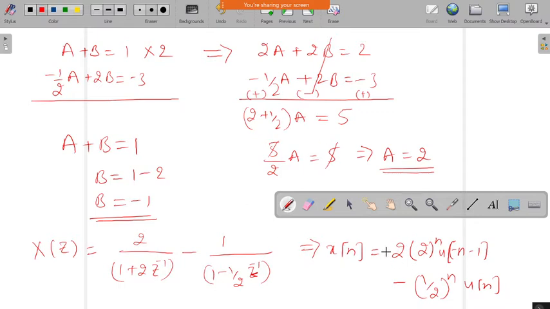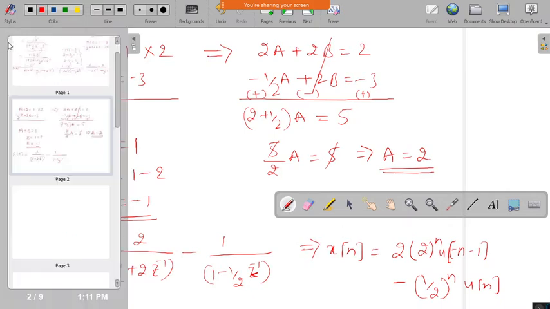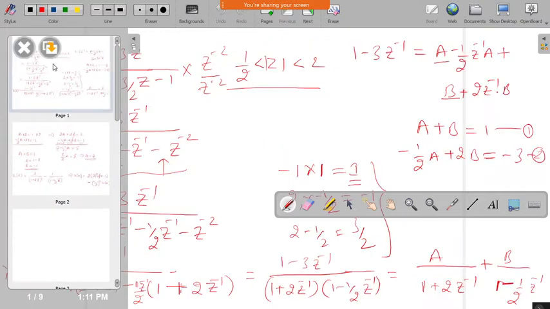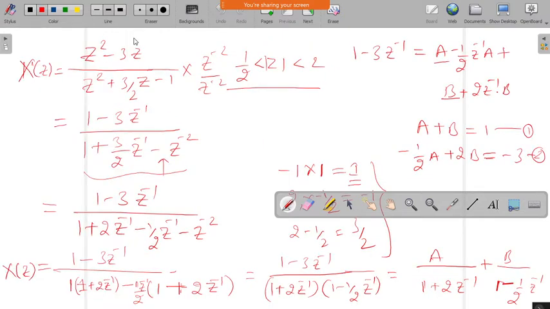Sir, in this problem, m is equal to n, right? So should we use the long division method? Where m is equal to n? Numerator order is 2 and the denominator order is 2. Now if I multiply like this, what will happen? 1 minus 3 z inverse.